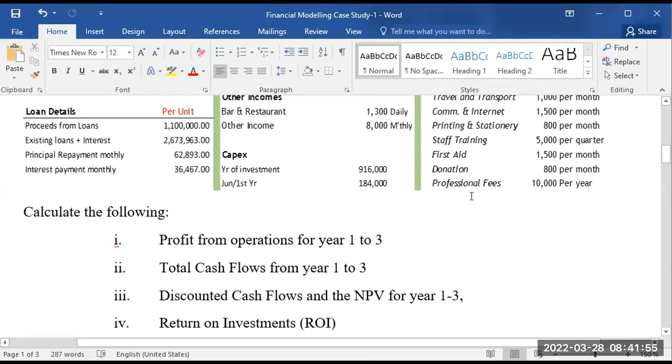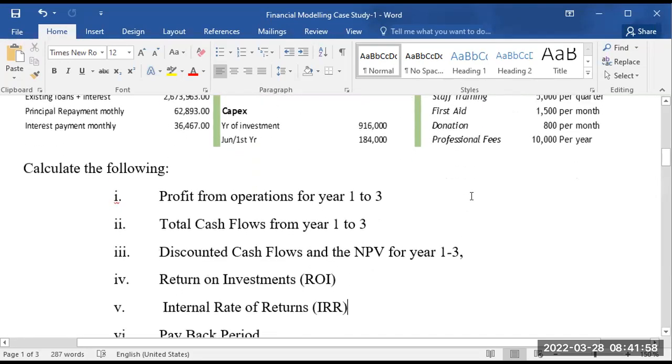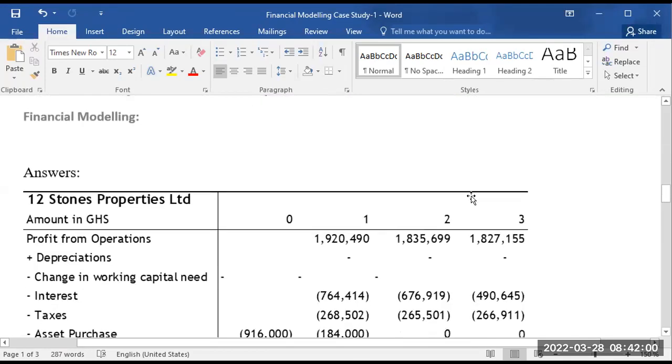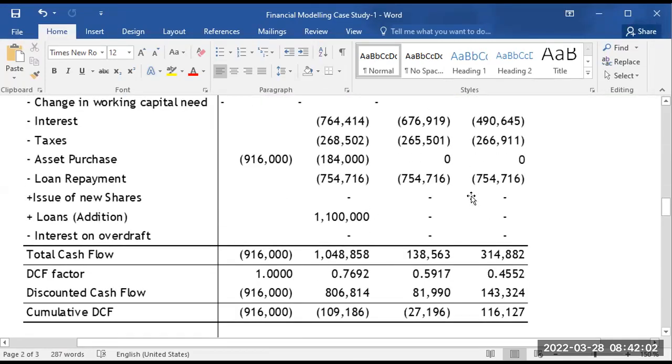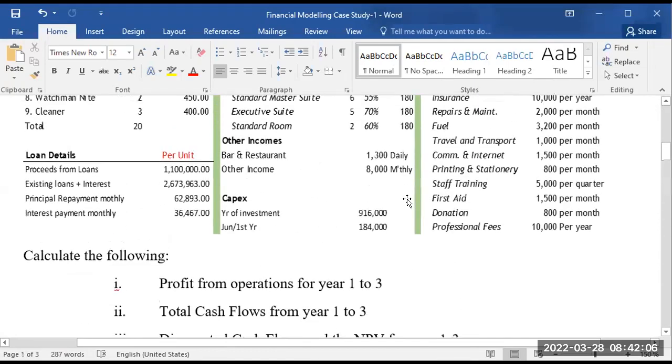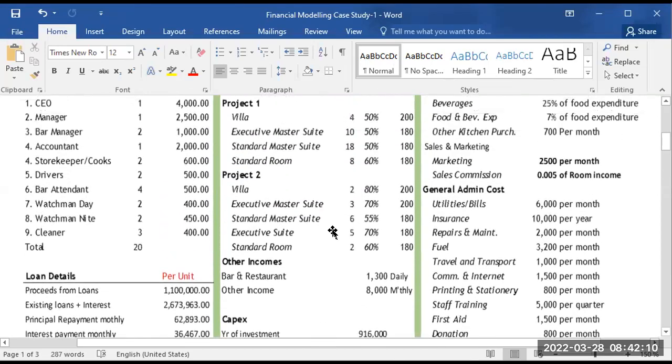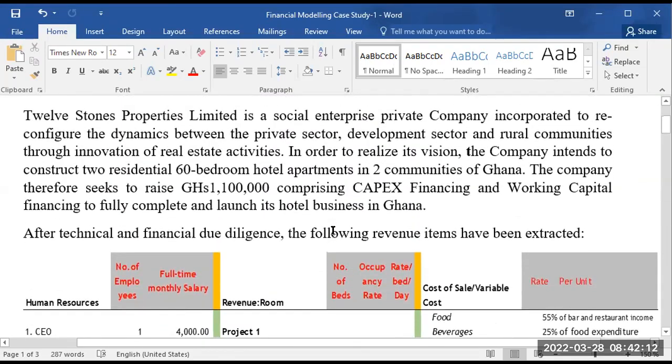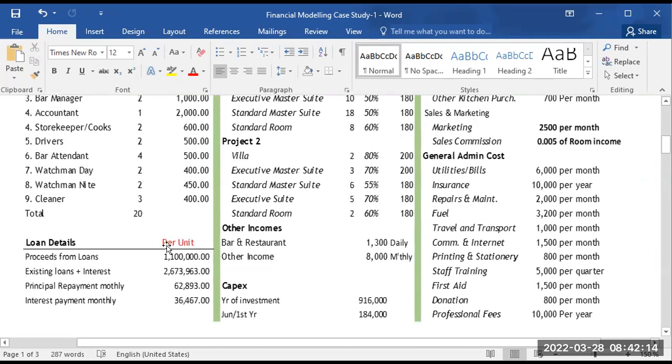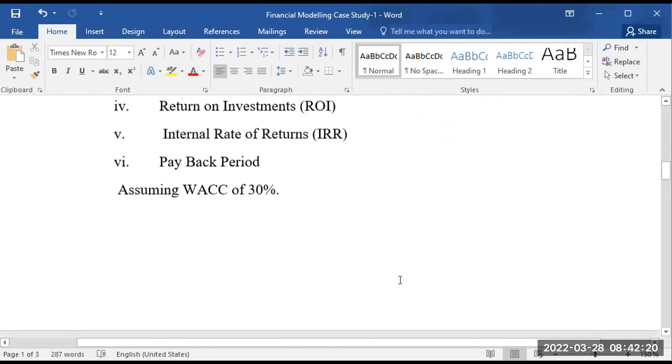What was our loan repayment? Was it plus interest? So loan repayment was 754. Let's see if it's here. Where can we get 754? Okay, this is also in the spreadsheet, because it's not here. It means you're supposed to work on that, so we'll see that in the spreadsheet.